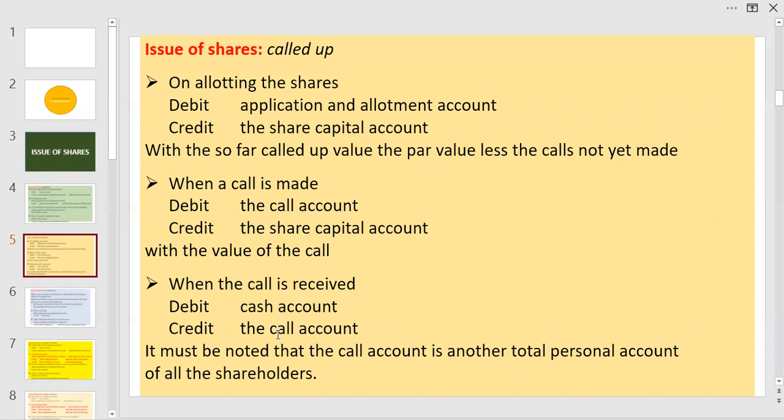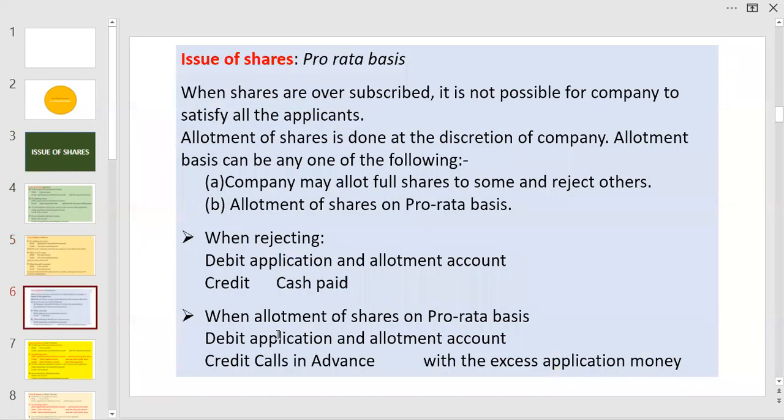Next situation is issue of shares on pro rata basis. That is, when the shares are oversubscribed, the applications are more, all cannot be satisfied in full. Therefore, a percentage of the application will be allotted. This can be done in 2 different ways, either by totally rejecting the excess applications on some basis or satisfying some as per a certain percentage.